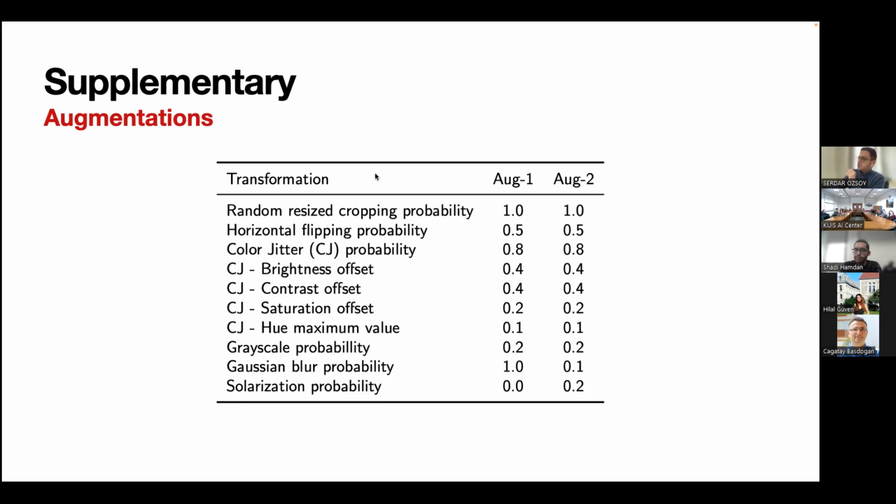For example, the Gaussian blur probability and solarization probability change with augmentation 1 and augmentation 2. This makes some improvement in our performance. Being a little bit aggressive on this difference makes some improvement. It was an interesting result which we have seen.